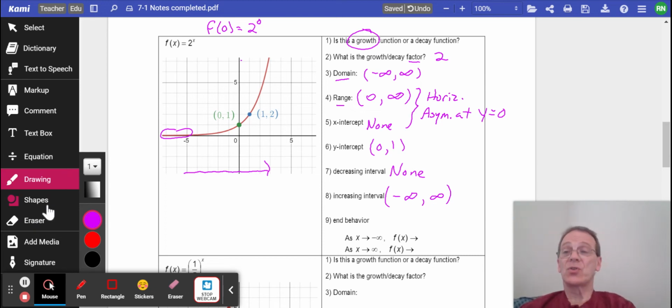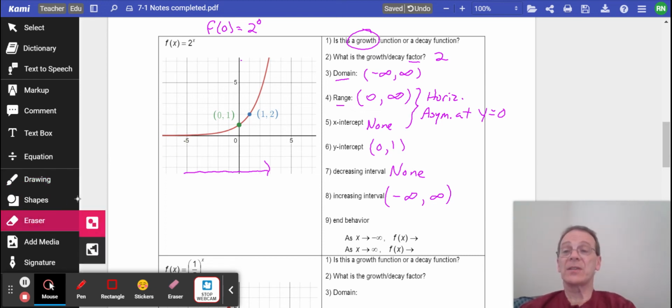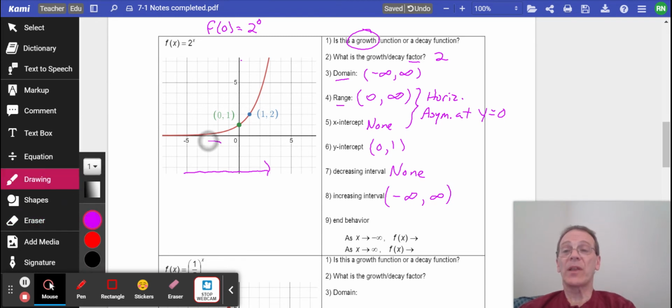As x goes towards negative infinity, as it gets more and more negative, the y values keep getting closer and closer to 0. But as the x values go in this direction, the y values are getting infinitely large.